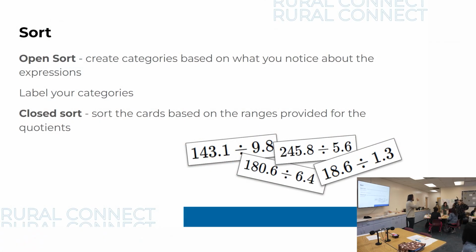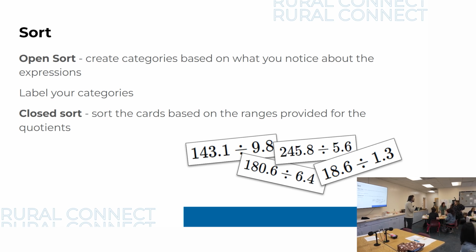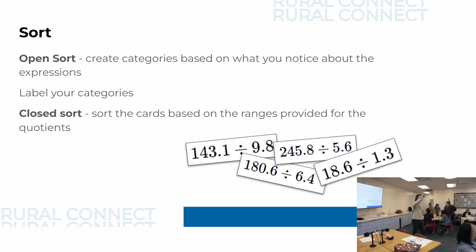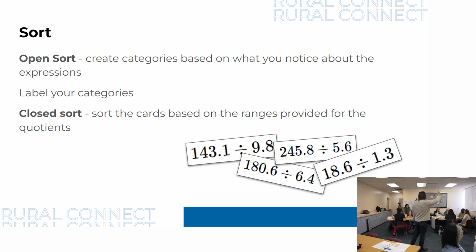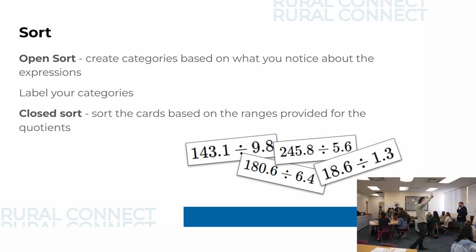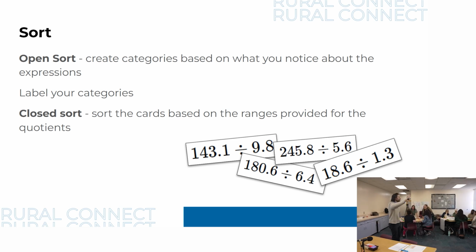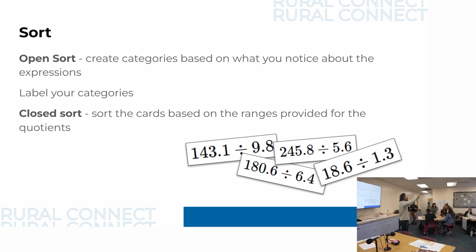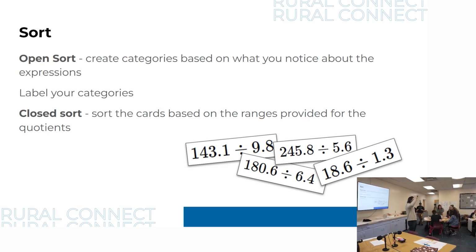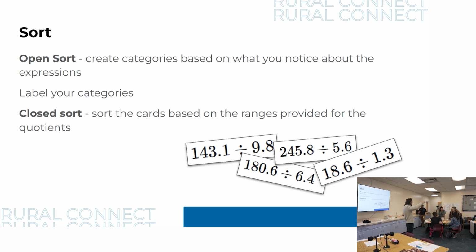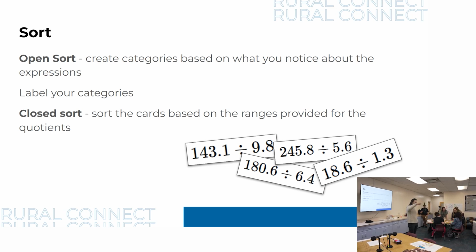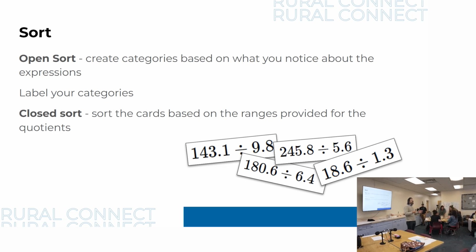All right, so I want you to grab the headers that I told you to ignore. Pretend that I passed those headers out. So you've got 4 headers. These are going to be your categories based on the quotients. Now, let me be really clear. I do not want you to actually divide these numbers and find real answers. The headers are open enough that I want you to estimate.